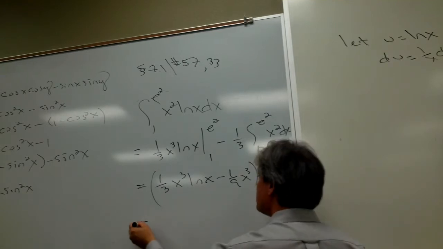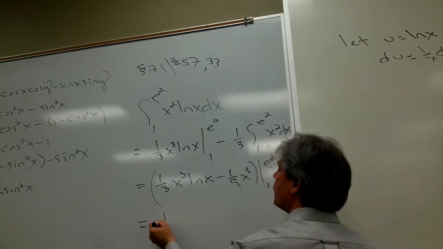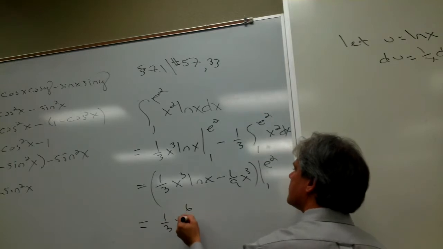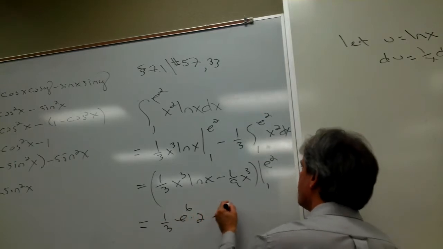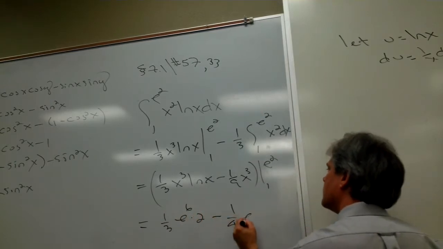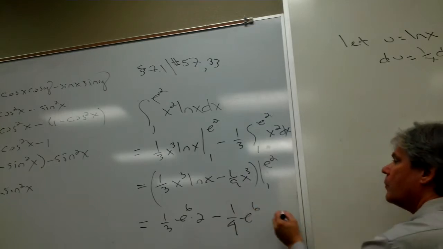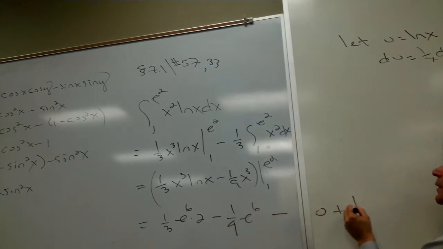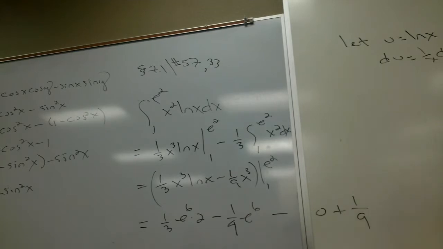Now, numerically speaking, I do think that gives me a 1/3 e to the 6 times 2 minus a 1/9 e to the 6 minus my 0 plus 1/9. Oh, you guys, I don't know what that is. Is that a 2/3 e to the 6 minus 1/9 e to the 6 plus 1/9?